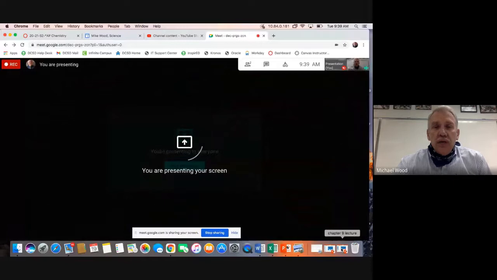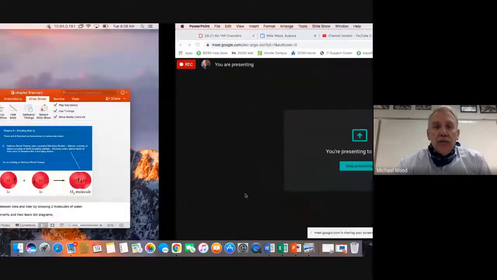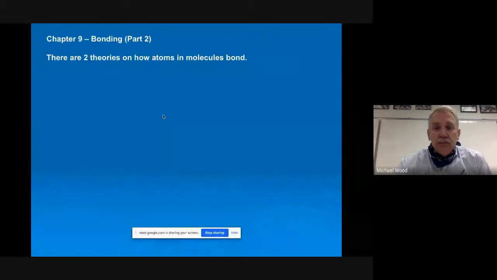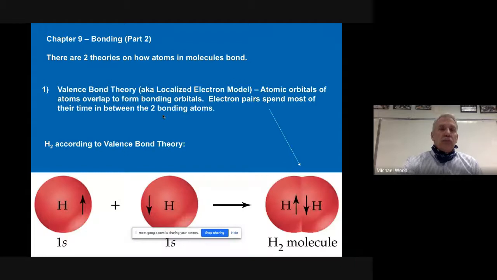To me, chapter 9 and this whole idea of hybridization, and again, there's more than one model. There are two theories on how atoms bond in molecules. For those taking notes, I'll give you a minute to write this down.